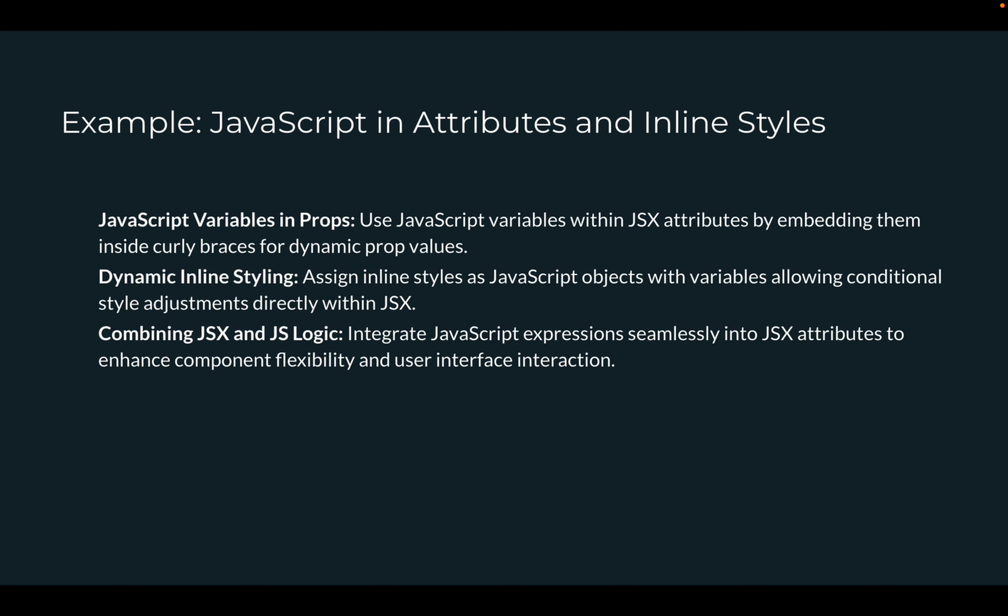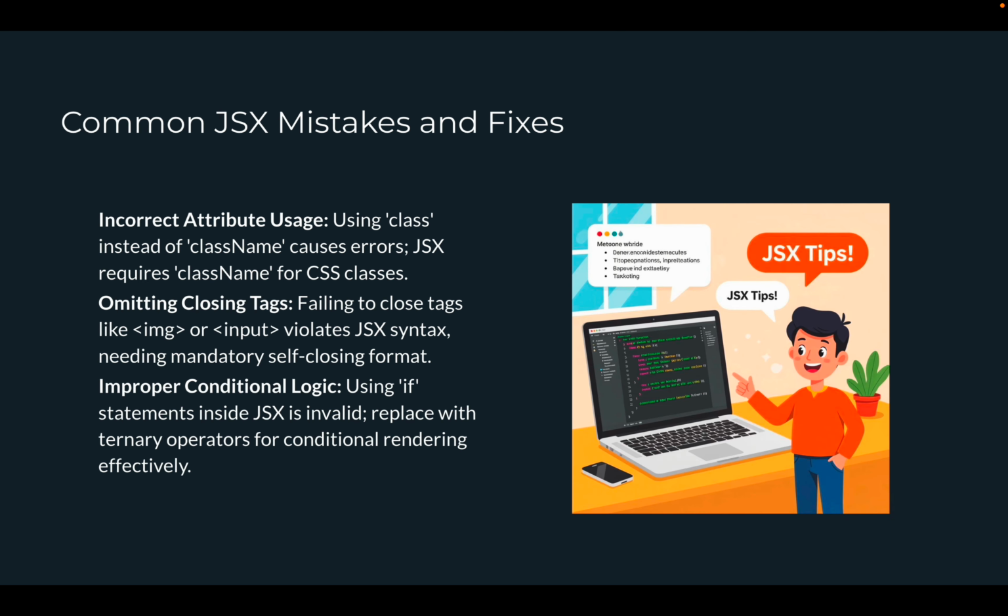Dynamic inline styling: assign inline styles as JavaScript objects with variables, allowing conditional style adjustments directly within JSX. Combining JSX and JS logic: integrate JavaScript expressions seamlessly into JSX attributes to enhance component flexibility and user interface interactions.